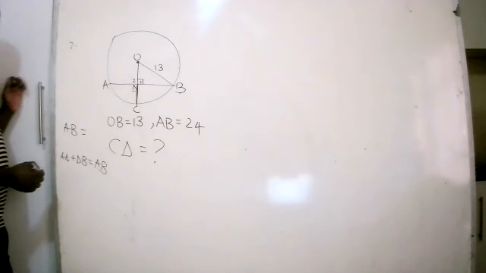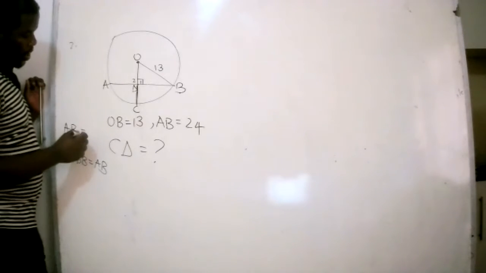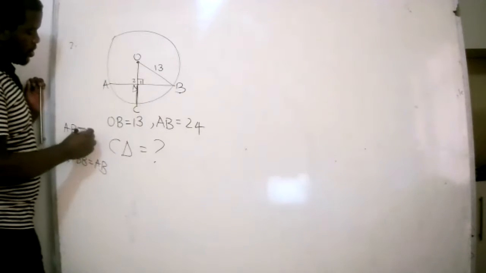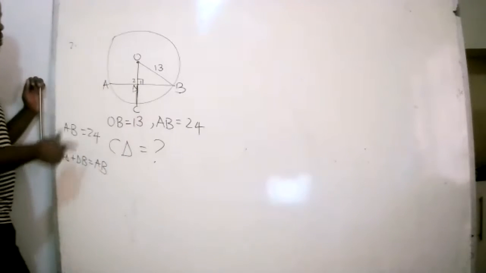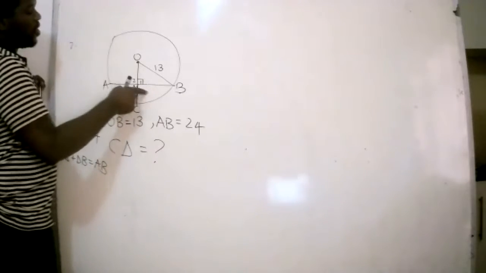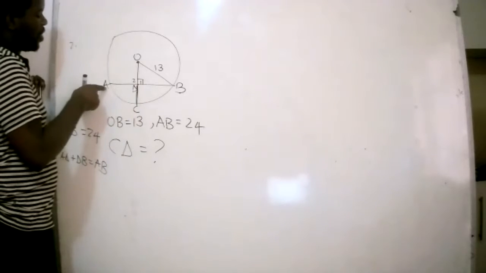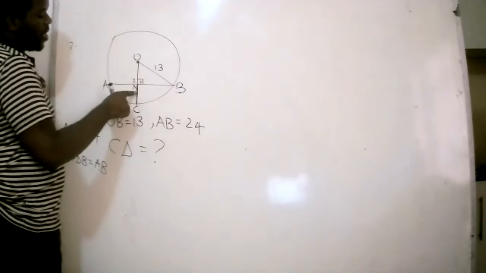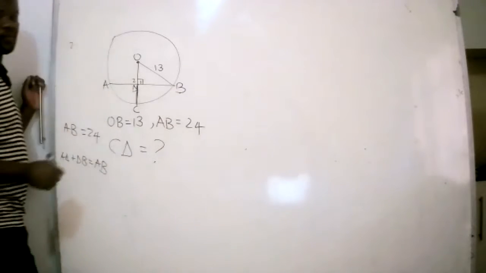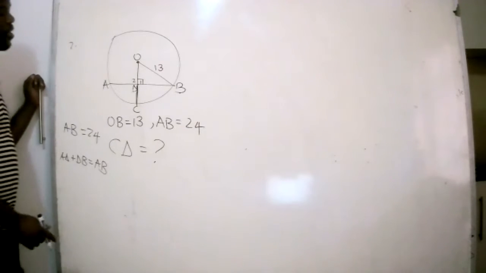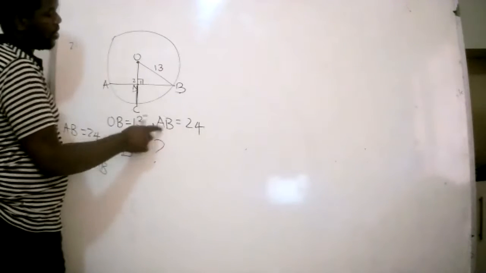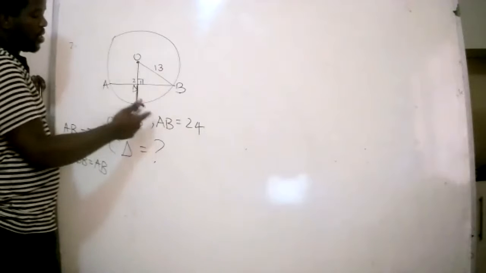So that gives us AB, but AB in this case is given. So if AB is given, how can we find one of these sides? AB is given as 24. We know these two distances are equal. So if these two distances are equal and we're given the distance AB, how can we find the distance DB? You divide this AB by 2 because it is a midpoint.